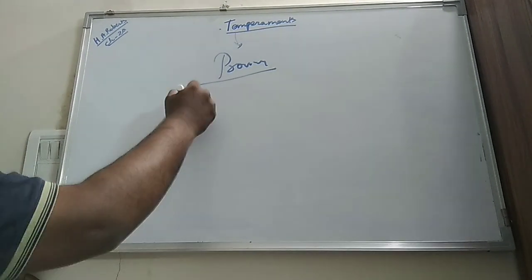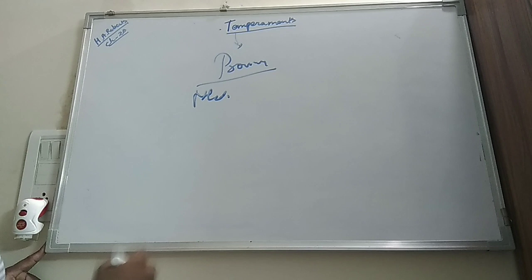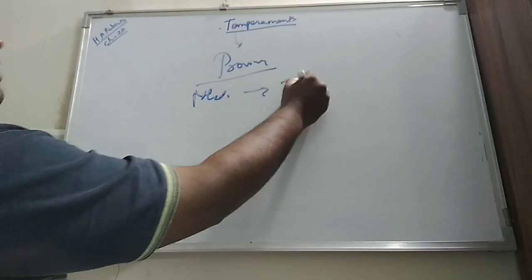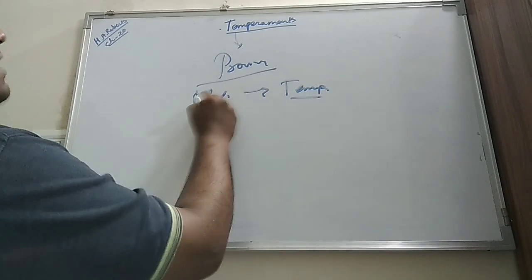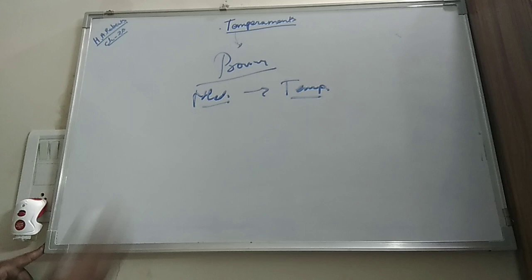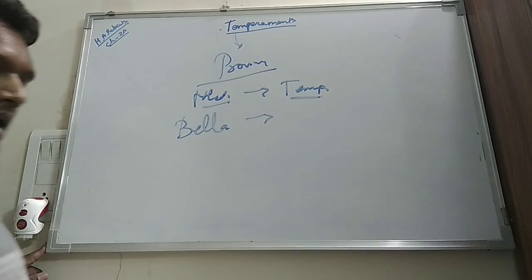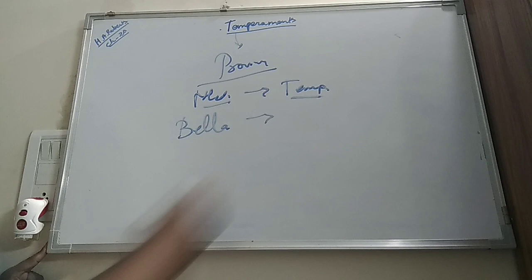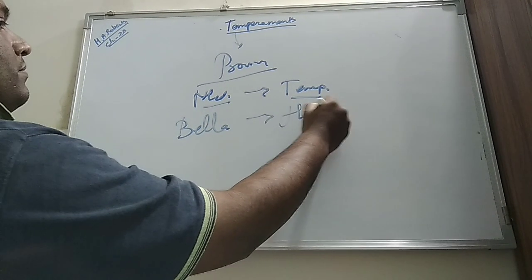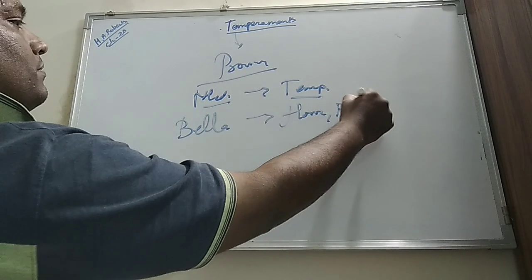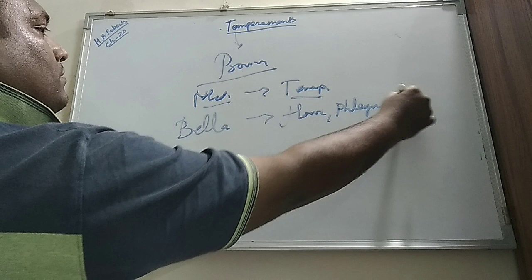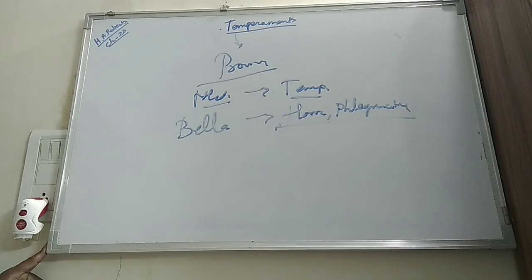Every medicine has particular temperament in direct relation. Example, belladonna is directly affecting phlegmatic temperamental persons.